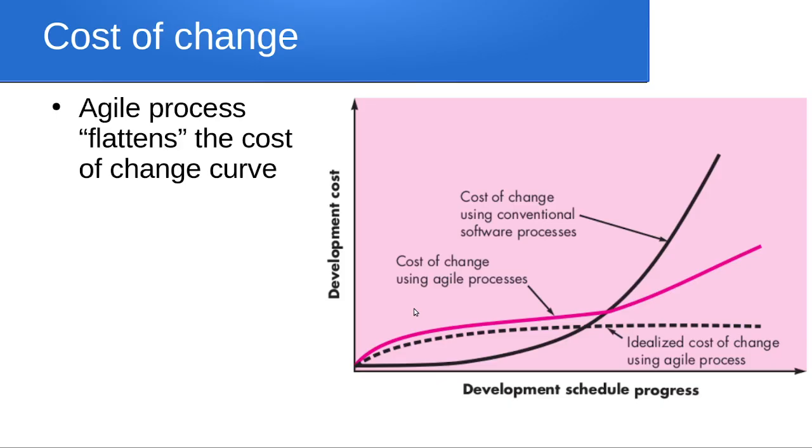So here we have to understand that still the cost of change using the agile process is much less than the cost of change using the conventional process. It is only after a certain point, maybe after the construction phase. However, before construction, when the change request is coming, the cost is less in the conventional process.